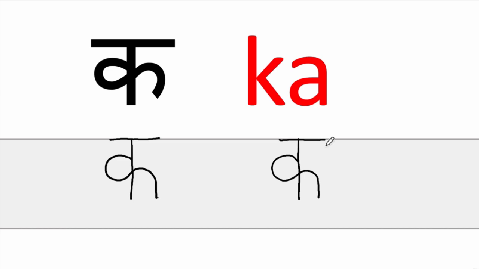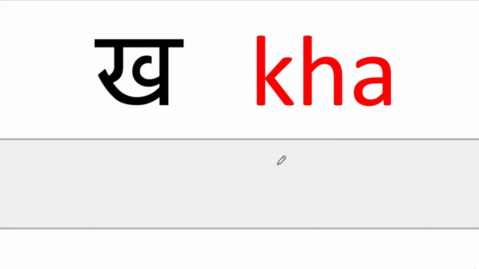Let's move to the second consonant of the first line, which is kha. Now let's learn how to write kha. Let's see one more time.